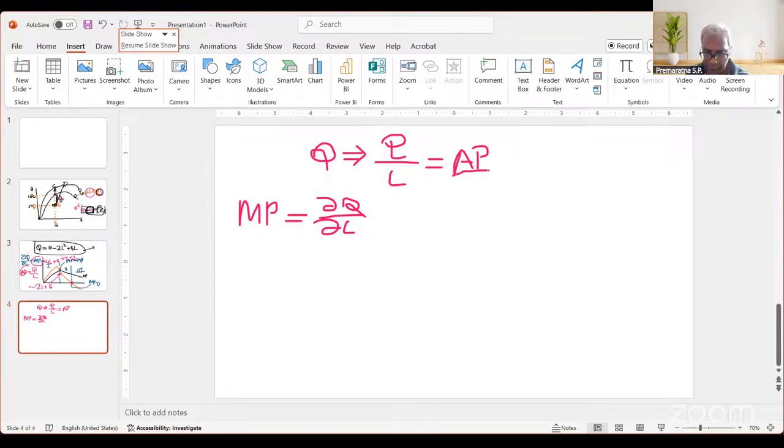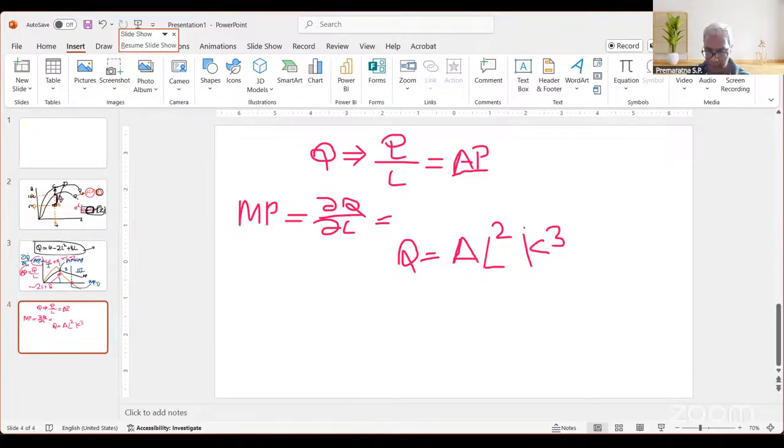Now here, when you differentiate, for example, Q, let's say a kind of standard production function, with L power and K, whatever number.